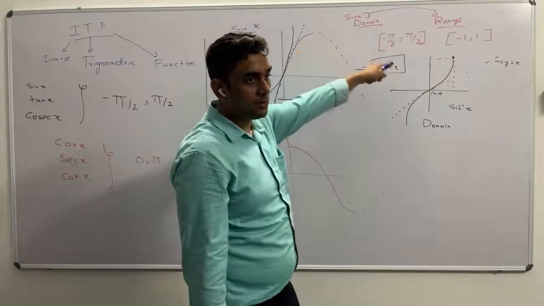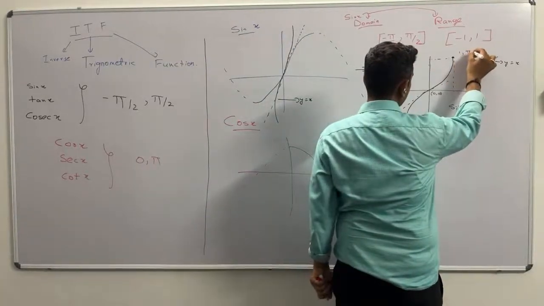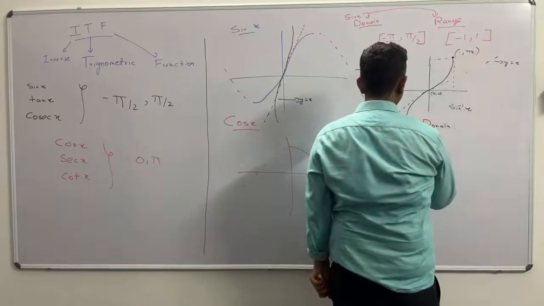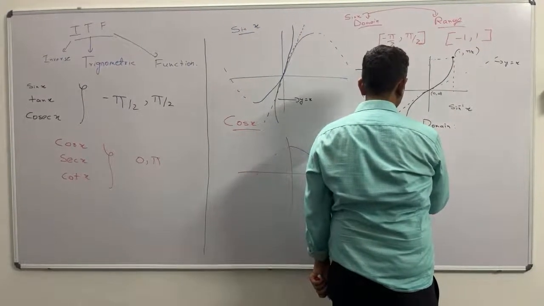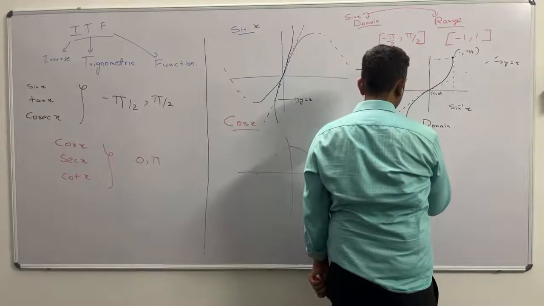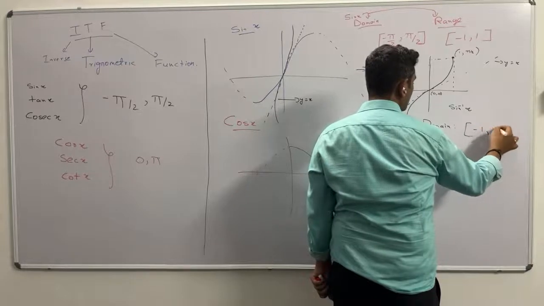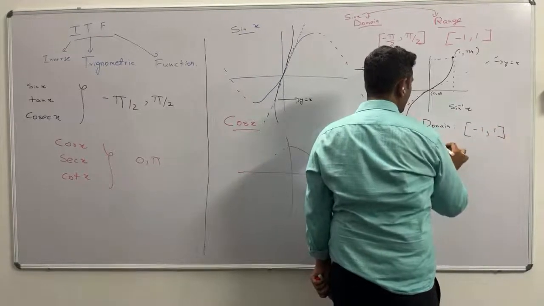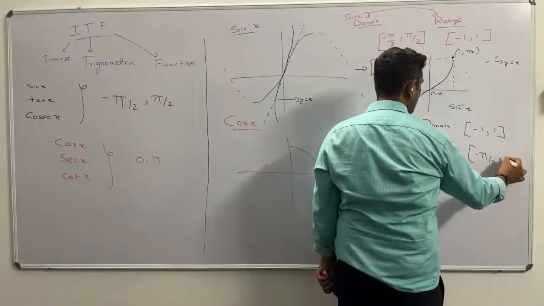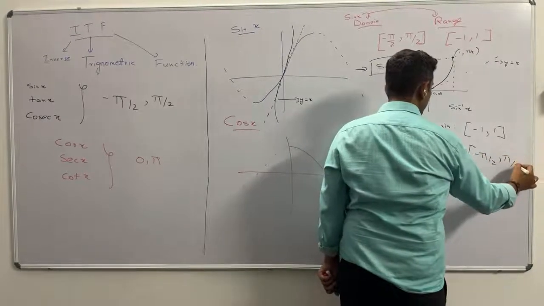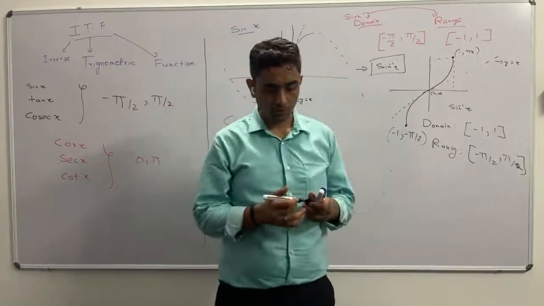Comma 1. Now it will be 1, pi by 2. Similarly, this point will be minus 1, minus pi by 2. So its domain will become minus 1 to 1, and range will become minus pi by 2 to pi by 2.